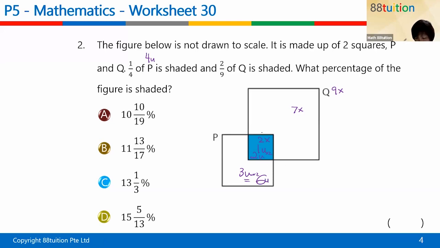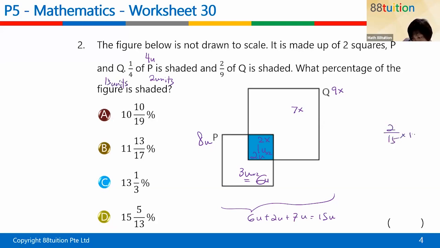So technically the shaded part is 2U. So this will be 8U. What is the percentage of the figure that is shaded? For the total units, I will have 6 plus 2 plus 7, I get 15 units. And I have the shaded part, which is 2 units out of the 15 units.